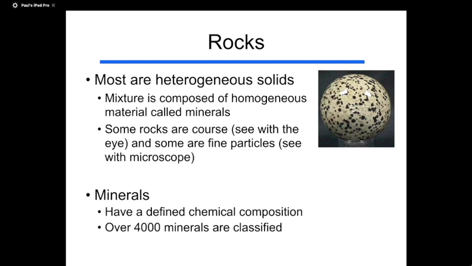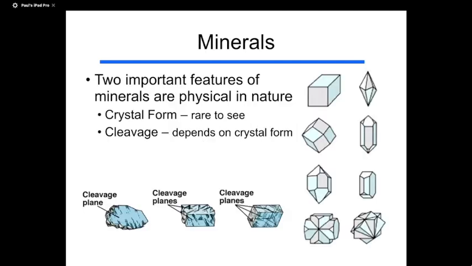When we talk about minerals, they actually have a defined composition. If it's 2 sodiums and 1 magnesium to a silicate, that's defined. And we have over 4,000 minerals to go through to look at these. Now, one thing about minerals, because they're ions, they like to order and line up in regular repeating patterns.